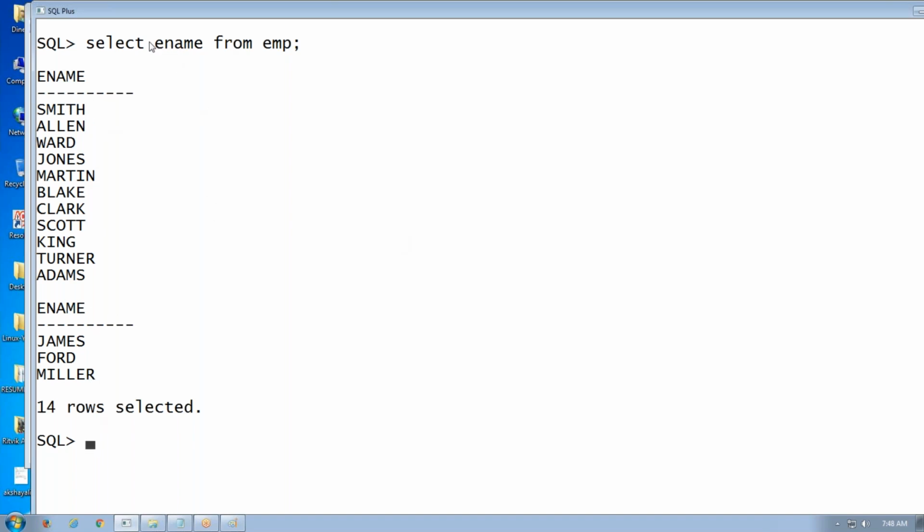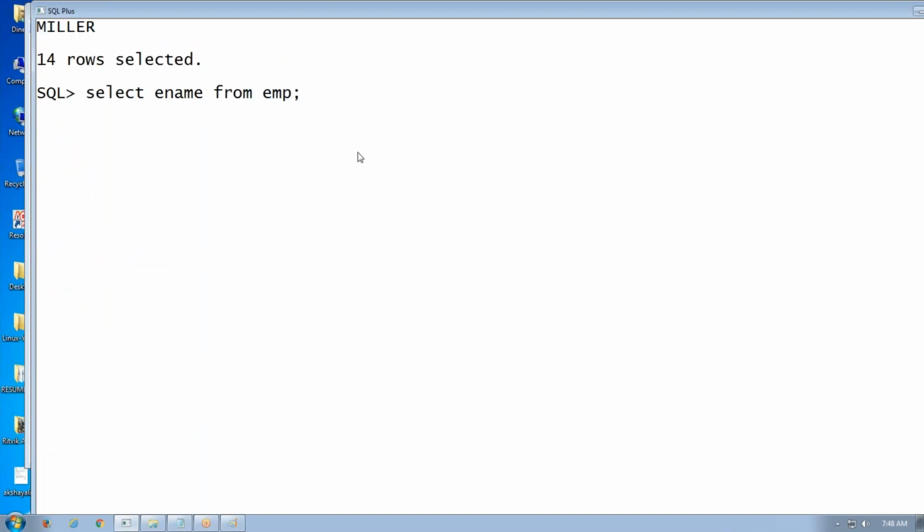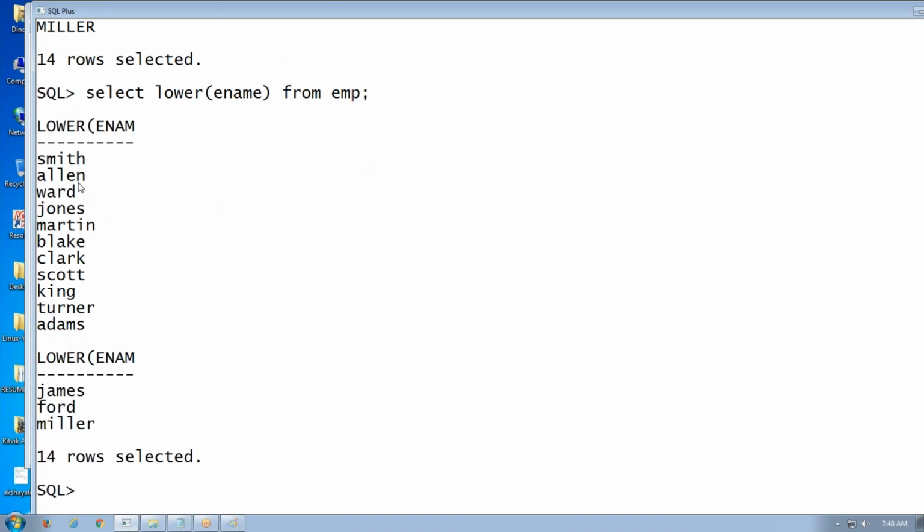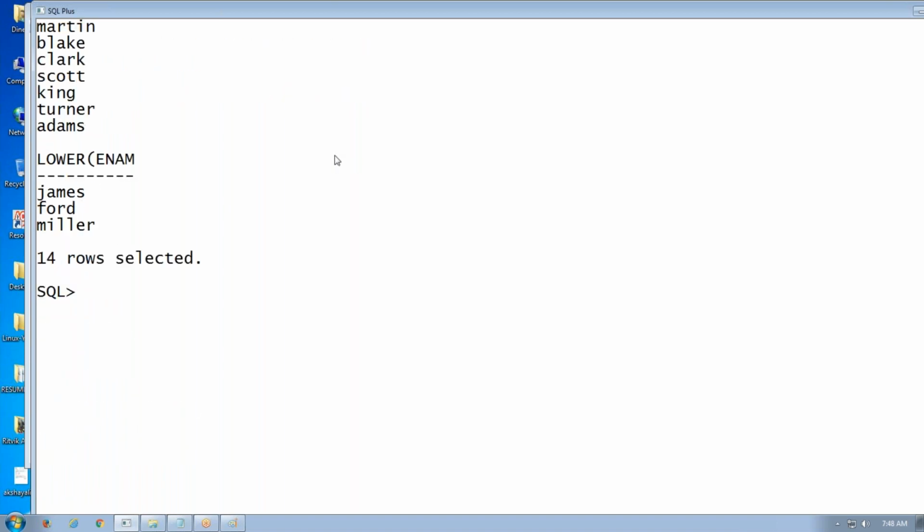Capital case. I want to print all these employee names in small case. How to print? Apply the lower function: lower of ename from emp. Then it will print all values in lowercase.